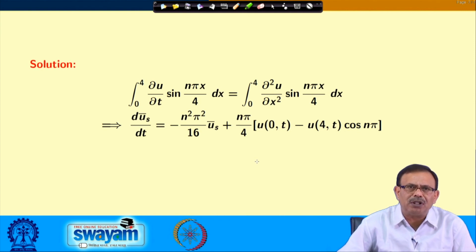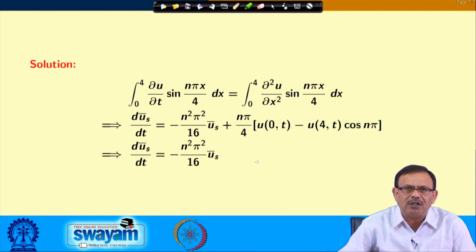So, we are just putting the value: minus n square pi square by 16 u bar s plus n pi by 4 into (u(0,t) minus u(4,t) cos n pi), and we know u(0,t) is 0 and u(4,t) equals 0. So, if you substitute, the second term of the right hand side will vanish. So, you will have only this, where u bar s is the finite Fourier sine transform of u.